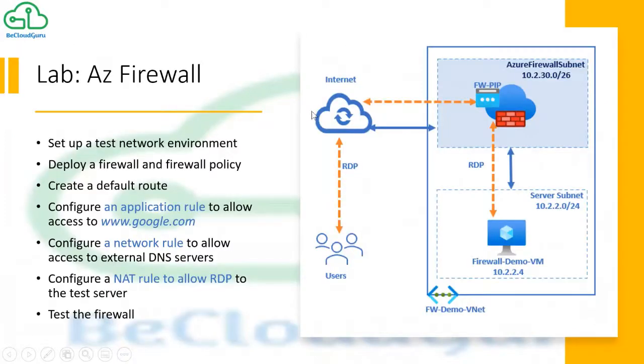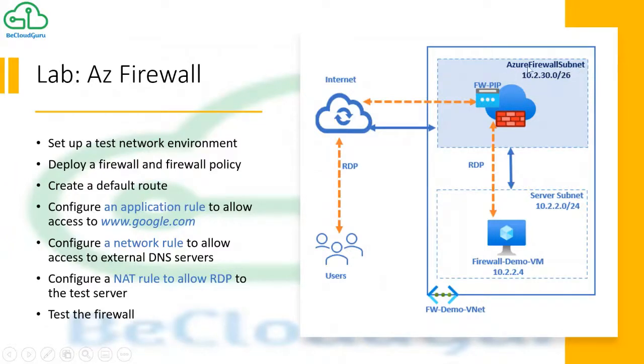Now for this step-by-step demo, we have configured a small test network. To keep the video short, I have already kept ready one virtual network and two subnets in this virtual network. One subnet is named AzureFirewallSubnet, and you need to remember that the subnet name should remain exactly the same.